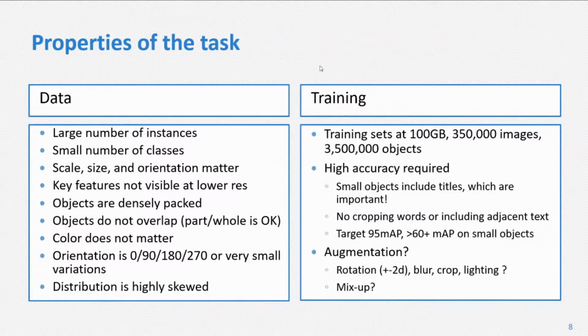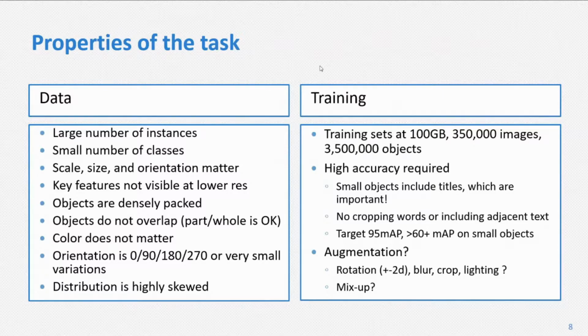Unlike analysis of photorealistic images, for instance, size, scale, and orientation really matter here. A picture of a dog in the distance or a dog close up, it's still a dog. If a page were to have something that looked like a tiny table that was only 5 pixels on a side, it's not a table, it's something else. The size makes a difference.